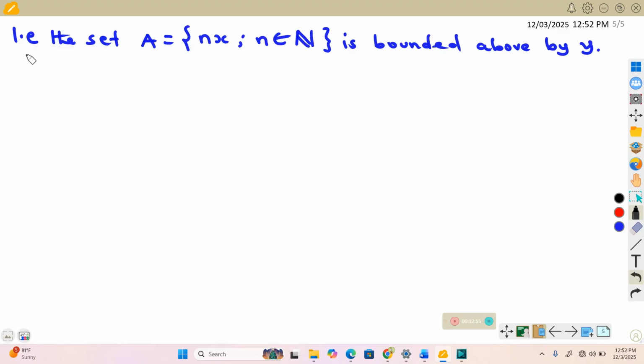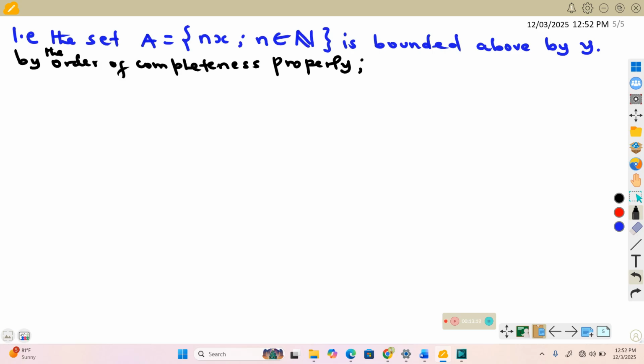So it means A has the supremum, or the least upper bound, because this is bounded above.